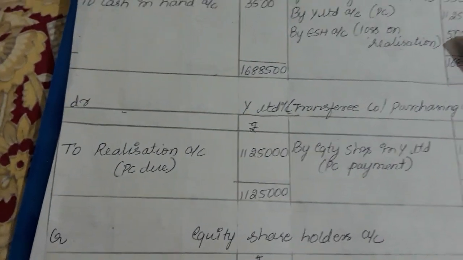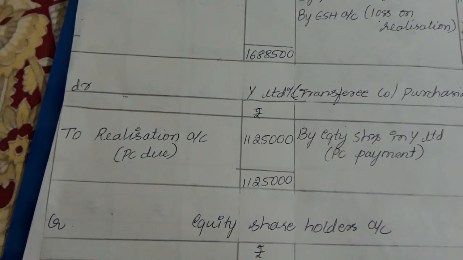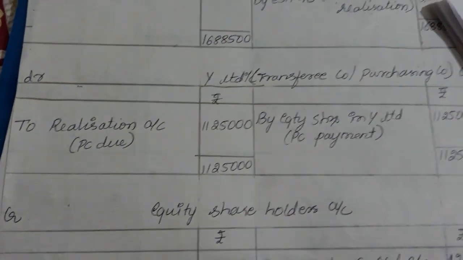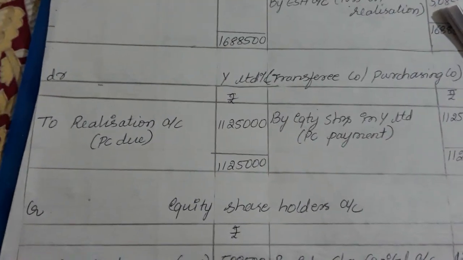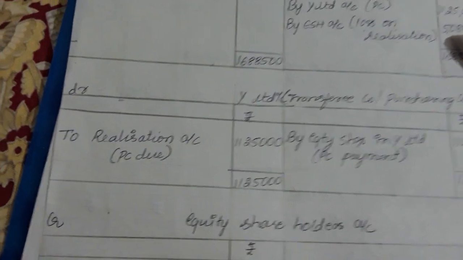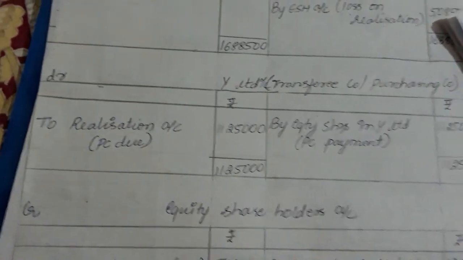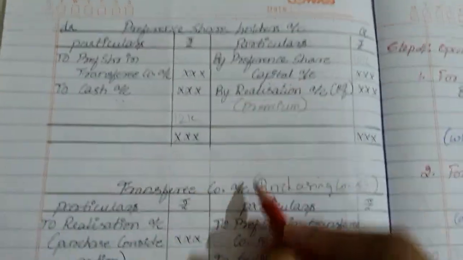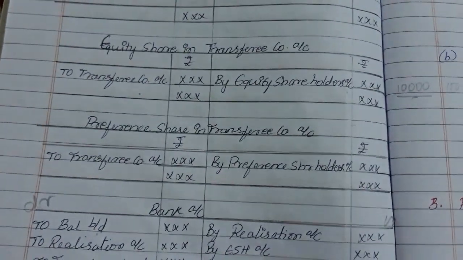But it is compulsory to pass all the accounts only if it is asked to prepare ledger accounts. If not, it is better to prepare only four accounts: realization account, equity shareholders account, preference shareholders account and transferee company, that is the purchasing company account.